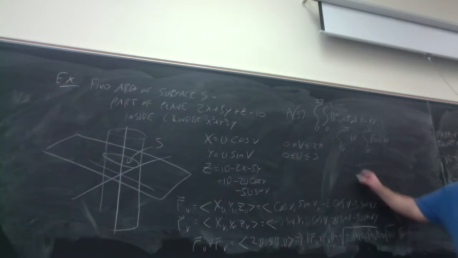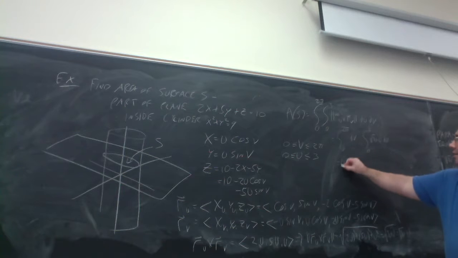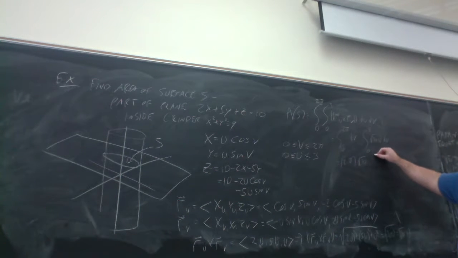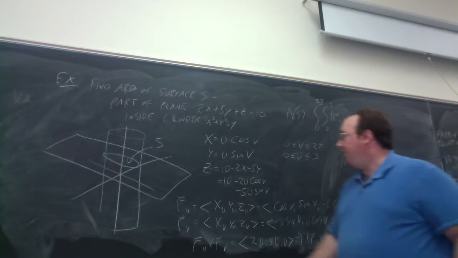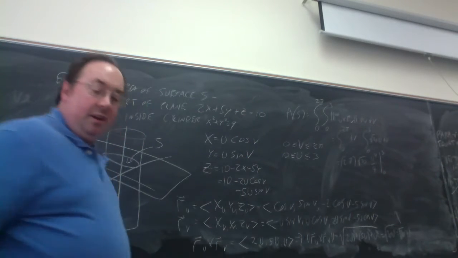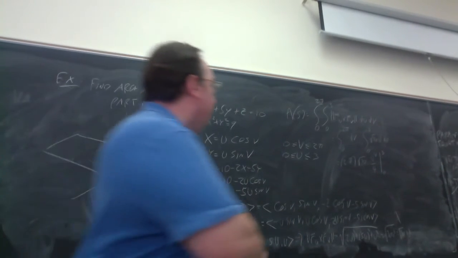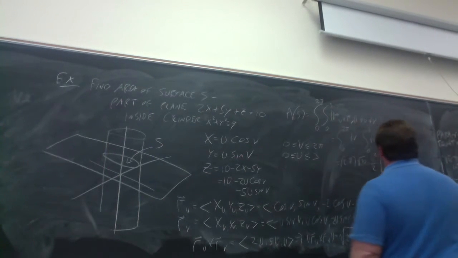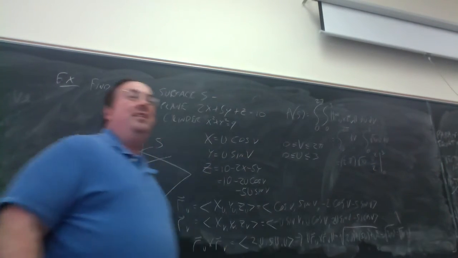So what we get is 2 pi over here, square root of 30 from the constant. Here you get u to the 4th over 4 with limits 0 and 3. Whoa, hold on, it's u cubed over 3, sorry.